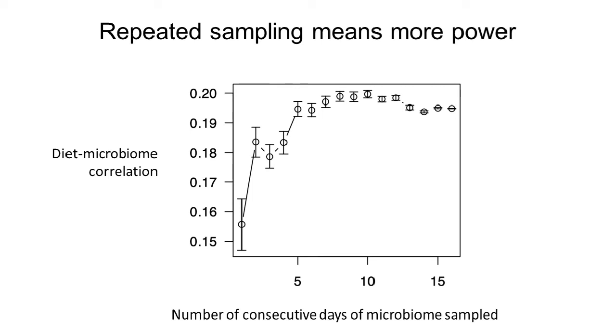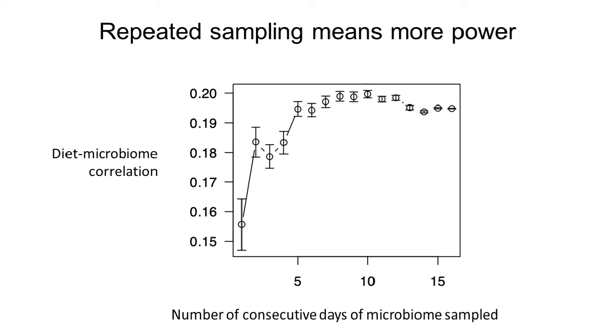And what it shows is if I only had 1 day of one microbiome sample, even if I had this very robust measure of diet, because actually I'm using all 17 days for the diet, I can still only detect a fraction, maybe 75% of the full signal. And there's a bit of noise there if I try this repeatedly.